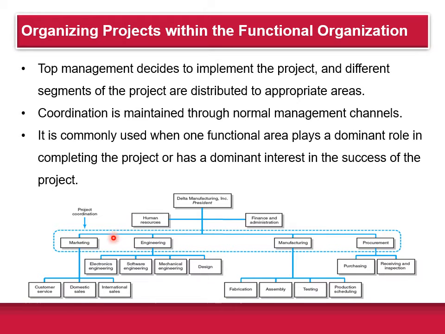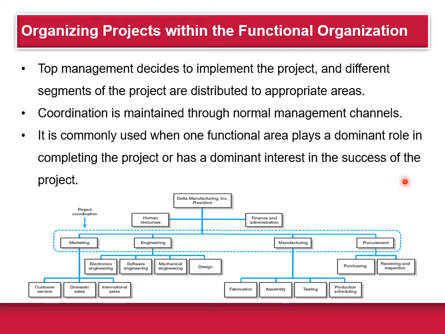So here is a typical structure. The project is broken into the different areas: marketing will do some of it, engineering will do some of it, manufacturing, and then procurement. Top management decides to implement the project, and the different segments are distributed to each one of the different areas.